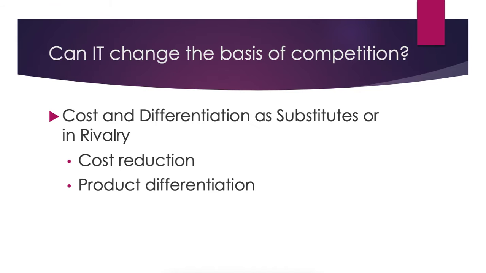Moving on, can IT change the basis of competition? Here we talk about cost and differentiation and substitute in rival. We have cost reduction, efficient processes, for example, minimize waste or steps, increasing shortcuts, okay?